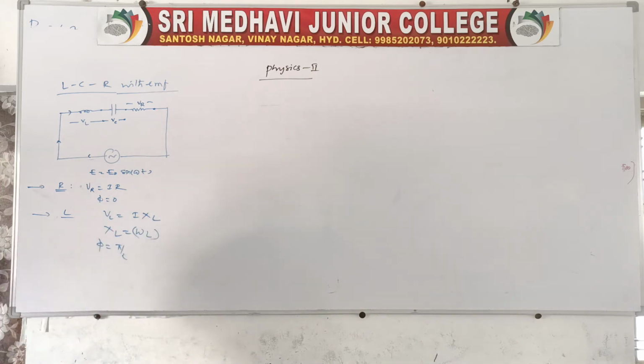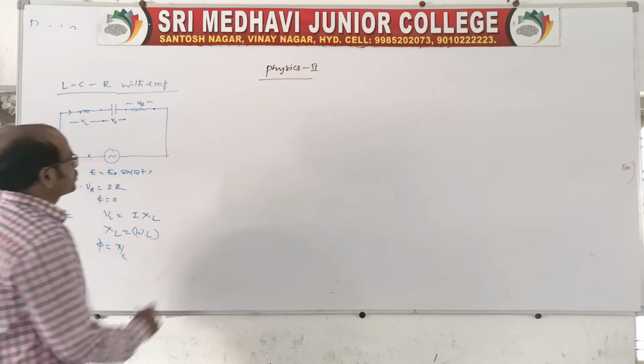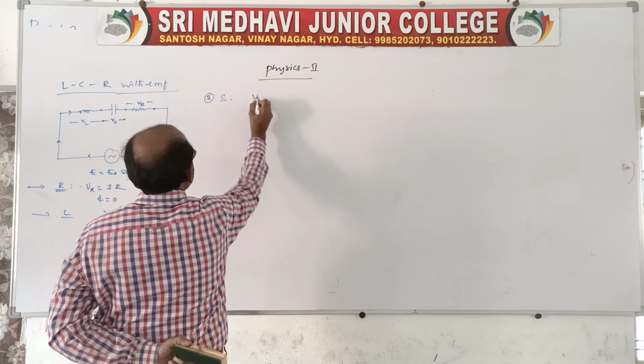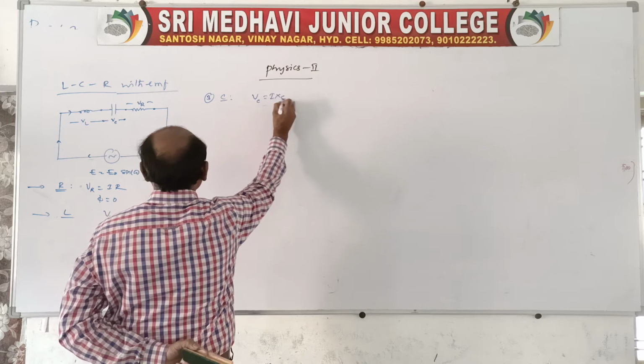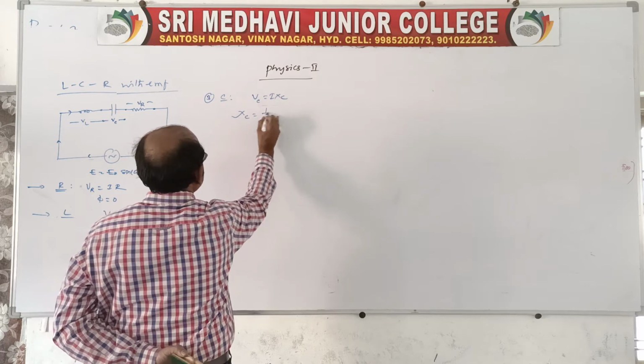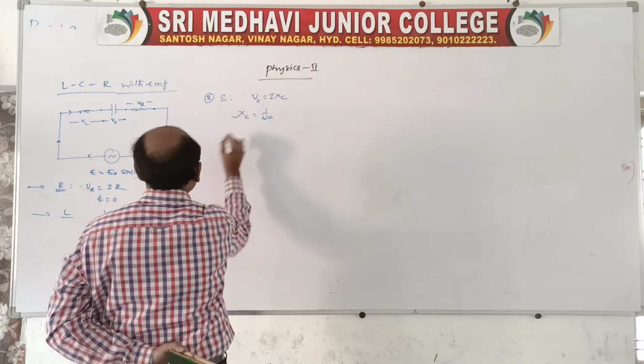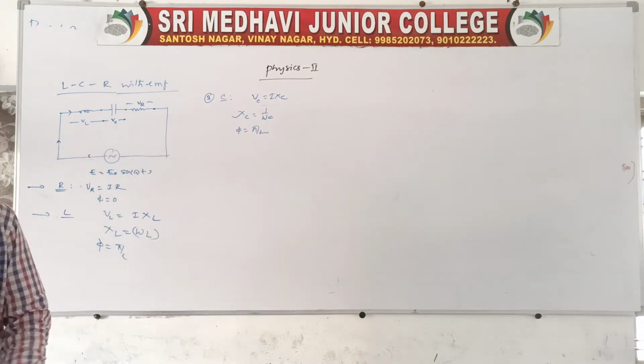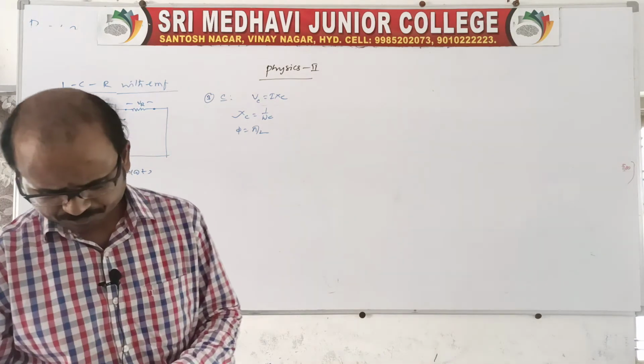For the capacitive circuit, VC is equal to I into XC, where XC is nothing but 1 by omega C, and here also there is a phase angle.